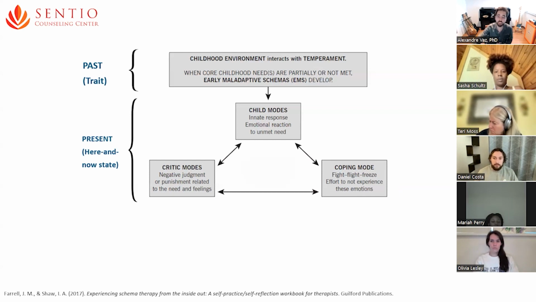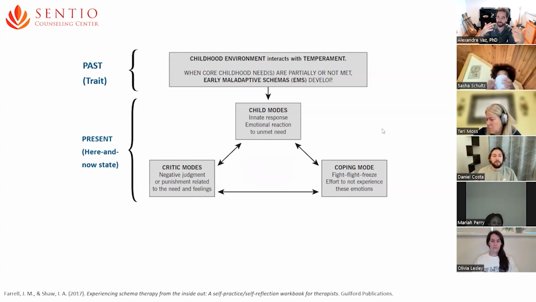So instead of seeing the child mode, what you're mostly seeing is the patient's coping mode, which is the part that's trying not to feel or not express feelings. Now, there are many different types of coping modes, and we'll get to that in a minute, but this is a very crucial point. The crucial point is that when you're in therapy, in most cases, you're going to be dialoguing with a client that's in child mode, critic mode, or coping mode.